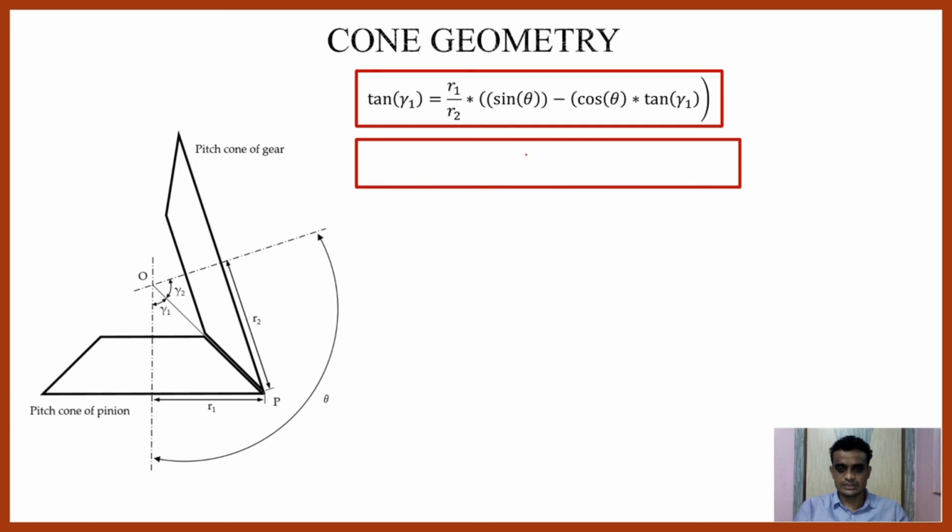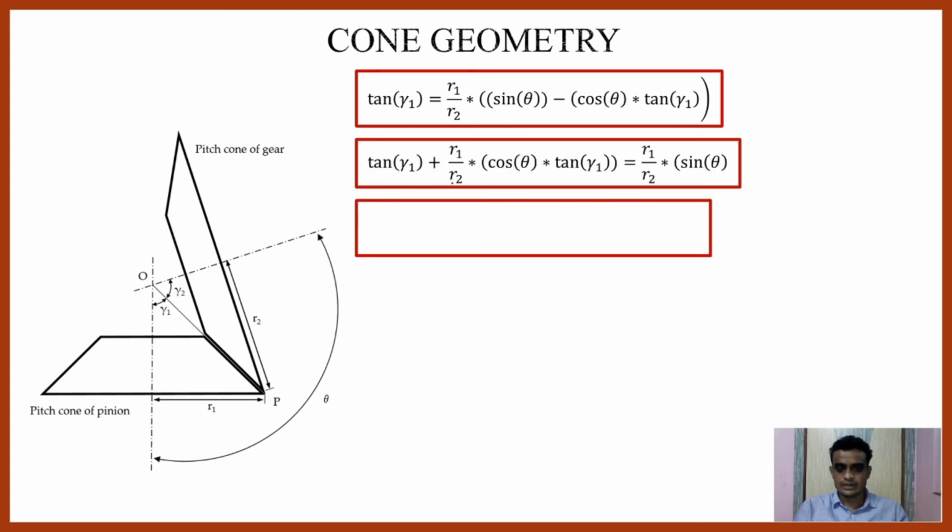This is the same equation again. Now by rearranging the terms, the term that we multiplied over here we have to move over here. Tan gamma 1 plus r1 upon r2 into cos theta into tan gamma 1 is equal to r1 upon r2 into sin theta.